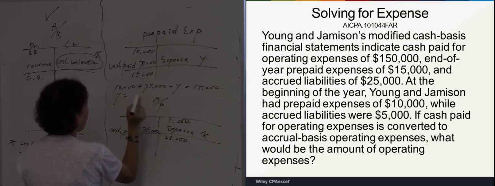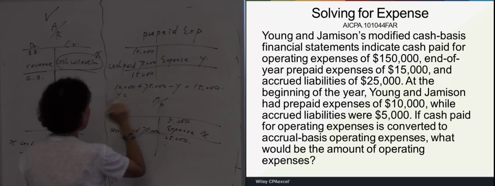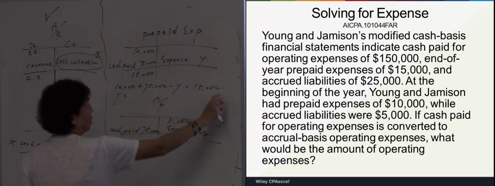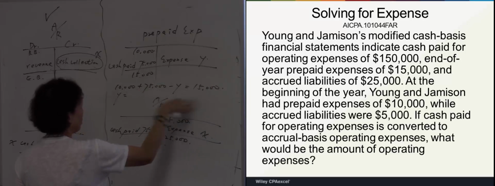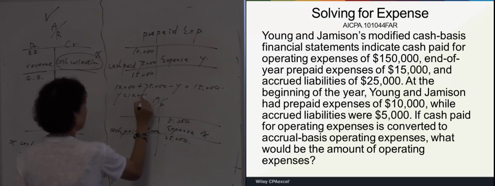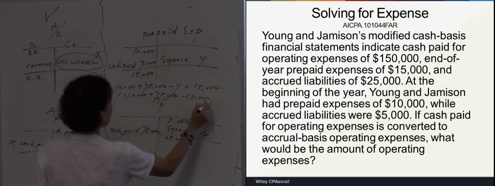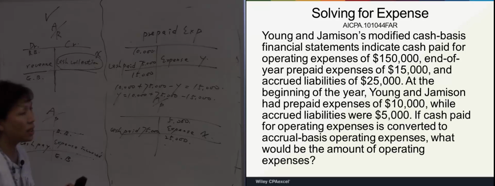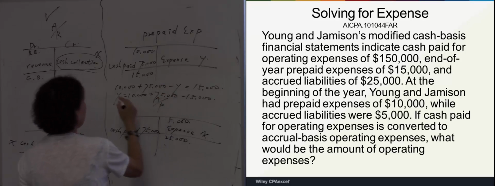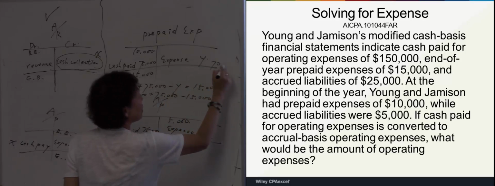Let me write down everything so it's clear for you. It becomes 10,000 plus 75,000 minus 15,000. So do we have 70,000? Yes. So y means 70,000.